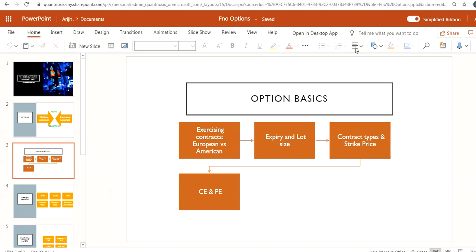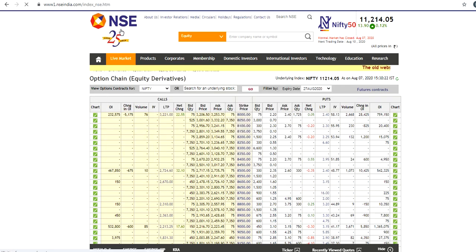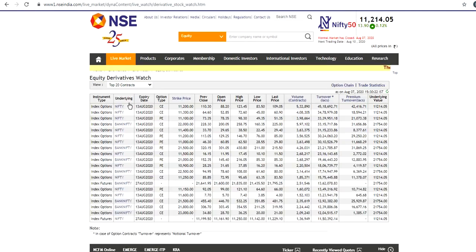I mentioned that there is something called a strike price that is predefined. If you go to the NSE India website, under live market and equity derivatives, you will see some sample contracts: Nifty CE, Nifty PE. There is also something called a strike price, right?